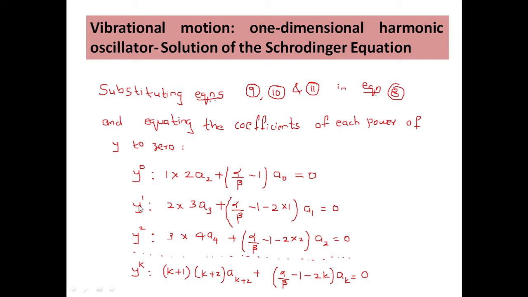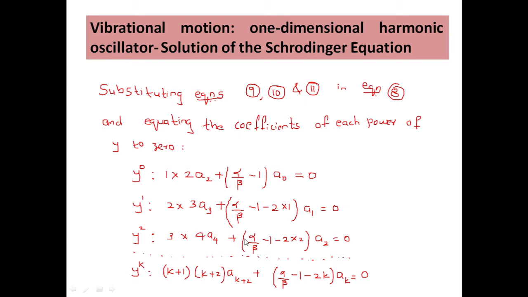The coefficient of y raised to 1 is 2 into 3 a3 plus alpha by beta minus 1 minus 2 into 1 into a1 is equal to 0. Similarly, the coefficient of y squared is 3 into 4 into a4 plus alpha by beta minus 1 minus 2 into 2 of a2 is equal to 0.